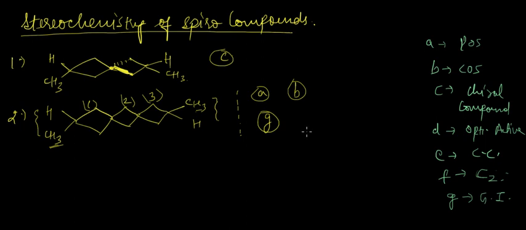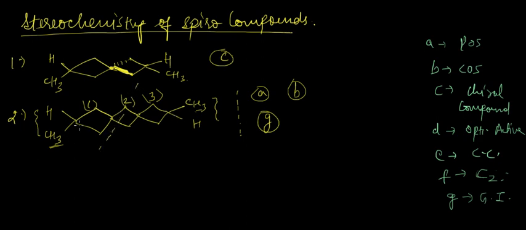Would F be there? Would it have an axis of symmetry? If we turn this 180 degrees about this axis, not exactly this axis, it would be something like this axis.